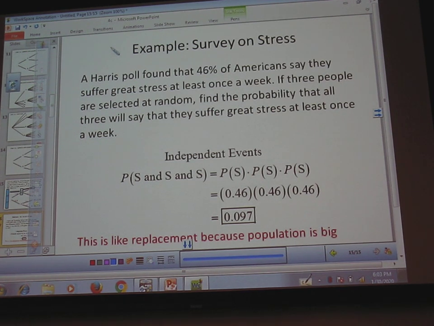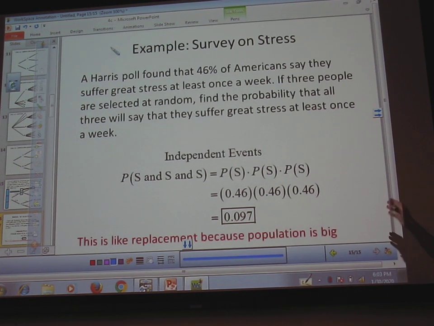It's small. So if I take 1 or 10 or even 100 or even 1,000 out of 300 million, it's not going to change that percentage at all, that 46%. I'd have to take like maybe a 1,000th or 10,000th before it affects that. So a 10,000th of 300 million is 30,000. It'd have to be like 30,000 or more before it starts affecting that number.